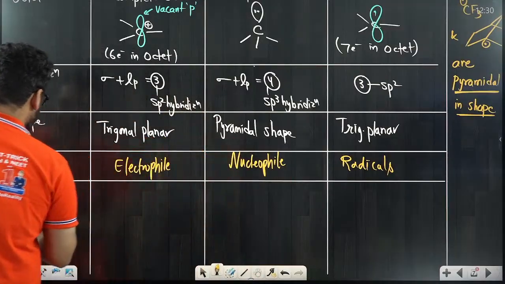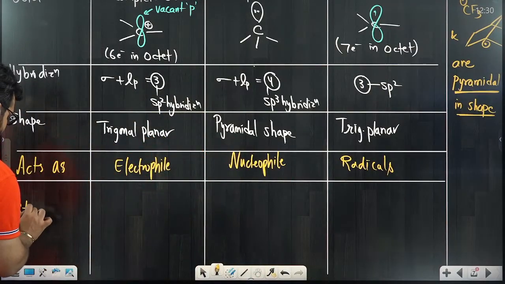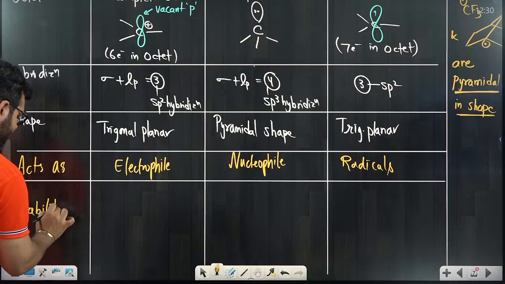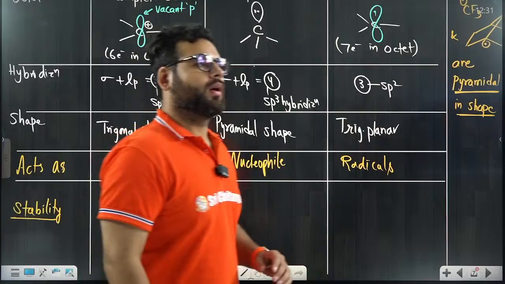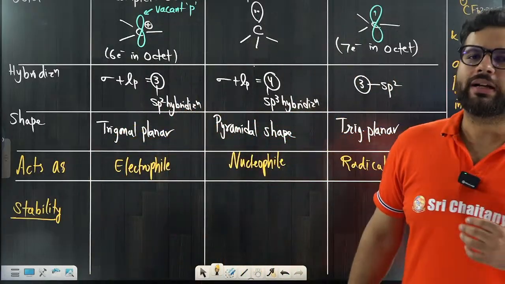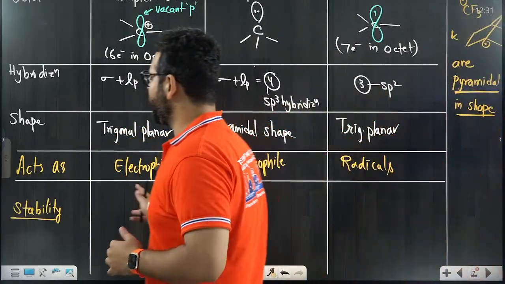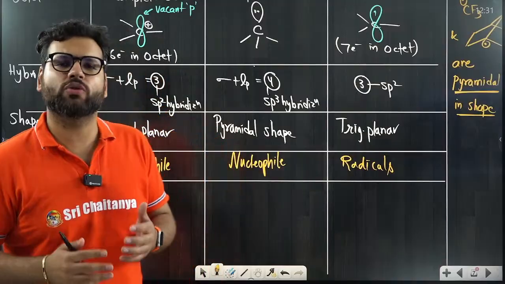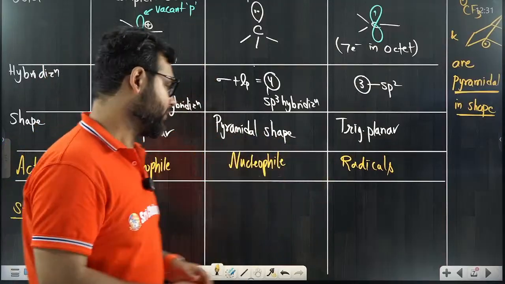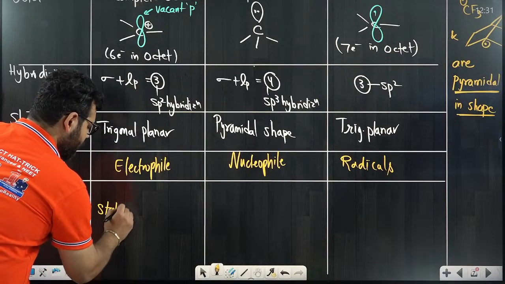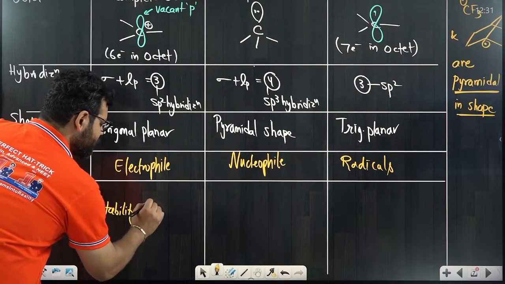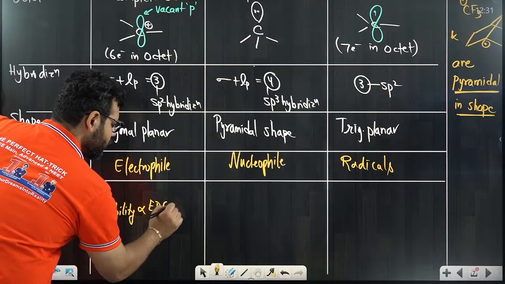So next point you can write down stability. But carbocations are electron deficient. So obviously, if you want to stabilize a carbocation, you supply electrons. So for them, stability is directly proportional to electron donating groups.